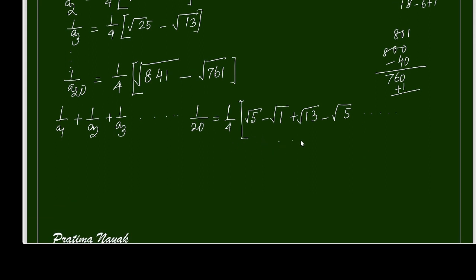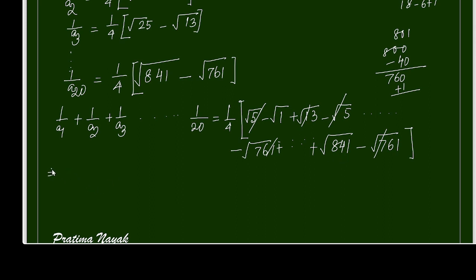And you are getting last term will be square root of 841 minus square root of 761, which may be cancelled with the previous one. So all the terms will be cancelled. Only square root of 1 is left and square root of 841 will be left.